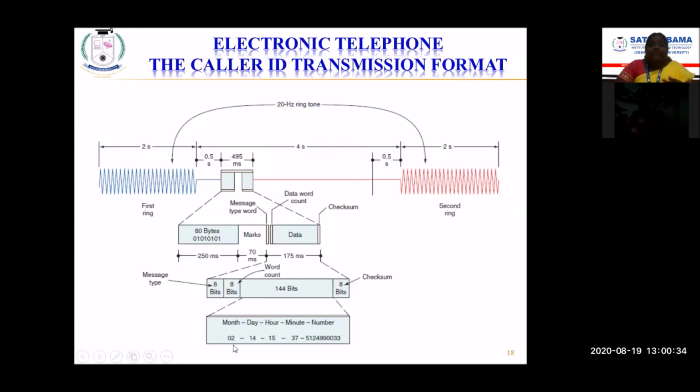That will be converted to the corresponding binary bits. When you count all this, 0 will be represented as 8-bit information, 2 will be represented as 8-bit information, this 1 will be represented as 8-bit information, and each and every number will be represented as 8-bit information, and totally it is going to have 144 bits.